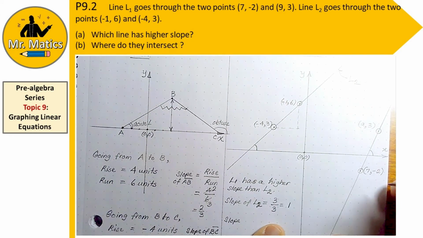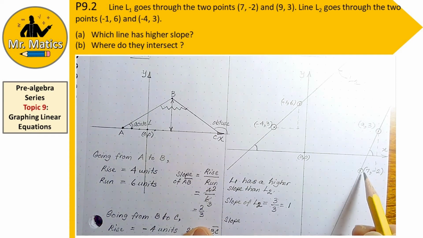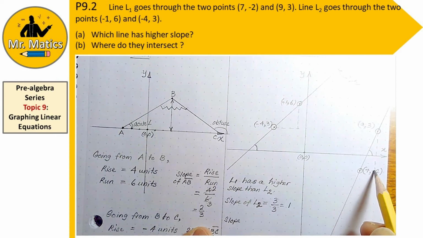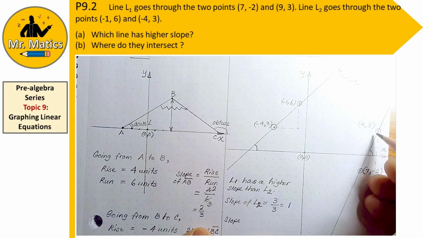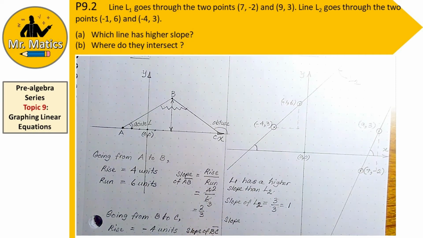And for here, I can do the same thing. From x equal to 7 to x equal to 9, I've moved 2 units. So slope of L1 is rise over run.